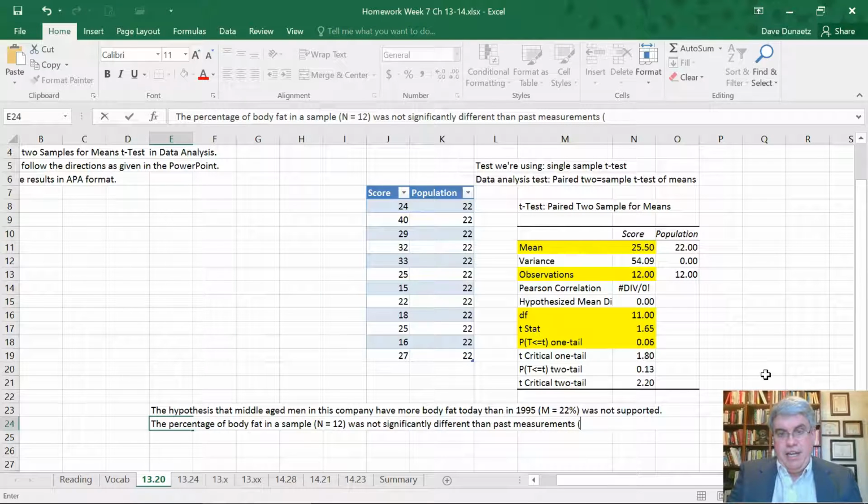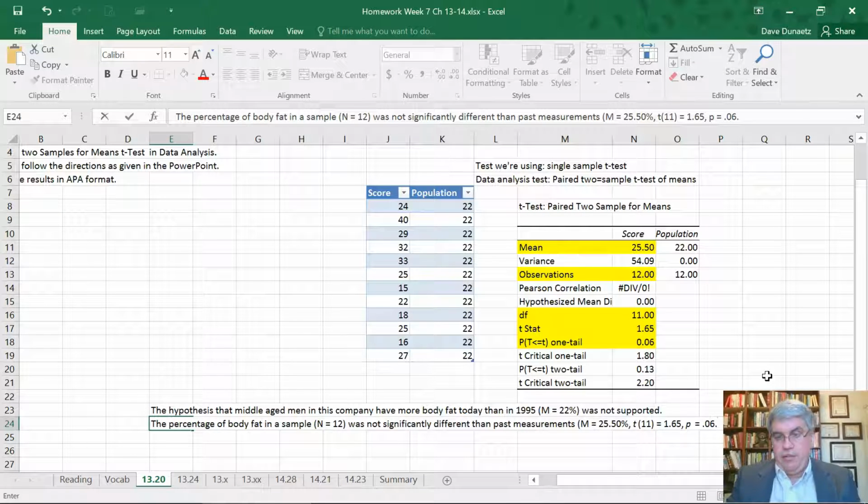And so the mean that we got here, instead of 22%, was M equals 25.50%, and then t(11) = 1.65, p = 0.06. And then we put close parentheses.